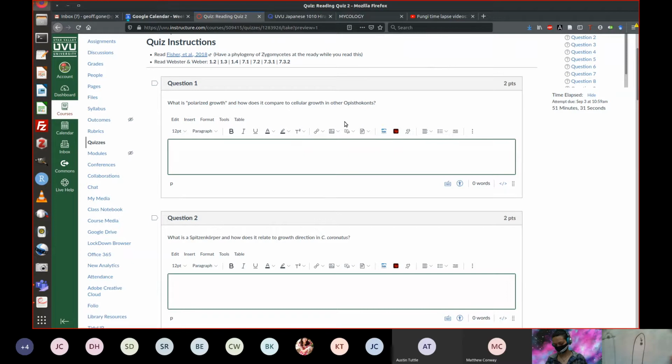That's because the fungus can't really grow very well unless it digests the tip of itself, because it's got a cell wall, and so it has to soften that cell wall in order to push forward and lay new stuff down. And so the Spitzenkorper is found in ascomycetes and basidiomycetes, but also now we know it's in a few zygomycetes as well.